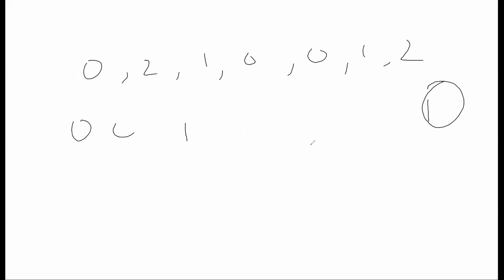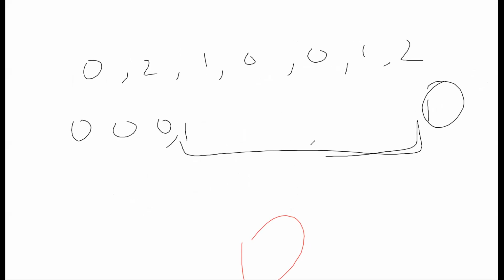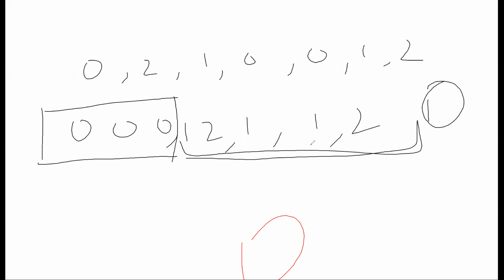So suppose we have, I'm not very sure, let's take our pivot element as 1. For sure we can have all the elements 0, 0, 0 before that, right? And we can have some set of numbers here. It can be 2, 1, 1, 2, anything. So we have moved one set of numbers to the left hand side. Now the problem reduces to quick select on this set with pivot as 2.